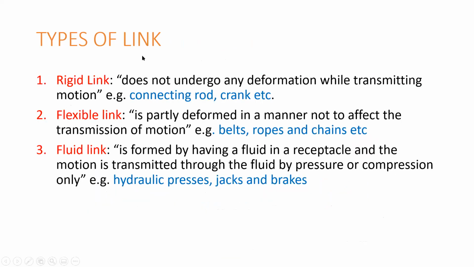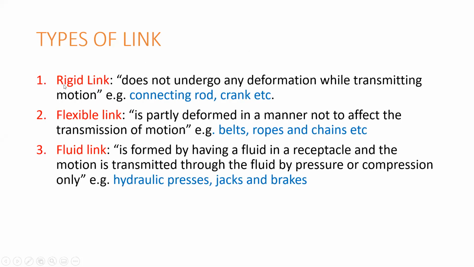So, types of links now. A link is the element which takes force from another link and transmits it to some other, third link. So motion is passed from link to link. It has different types, depending on whether deformation of it takes place or not.